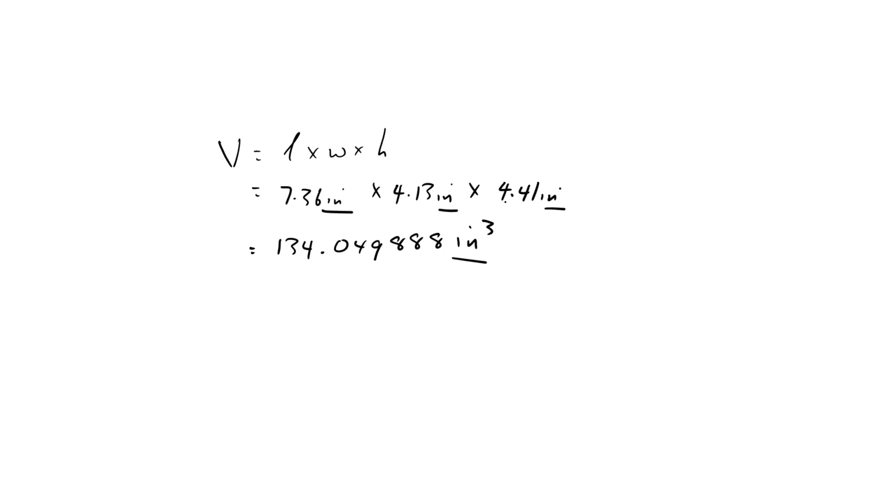Again, when we're multiplying and or dividing, in this case it's all multiplication, what we have to do is round off according to the lowest number of significant figures. And it turns out that these are all expressed to 3 sig figs, which means that we have to express this number to 3 significant figures. So in this case, the answer works out to be equal to 134 inches cubed. And that's how you do that.